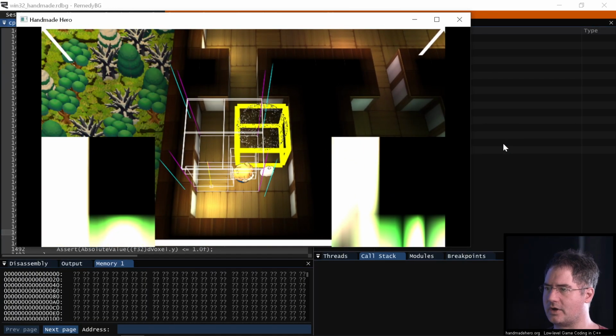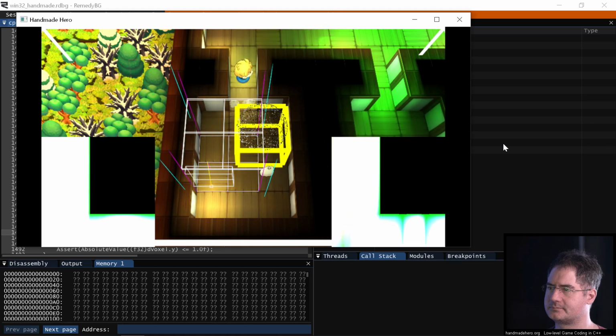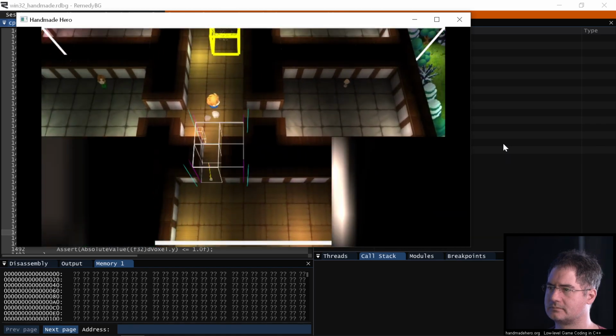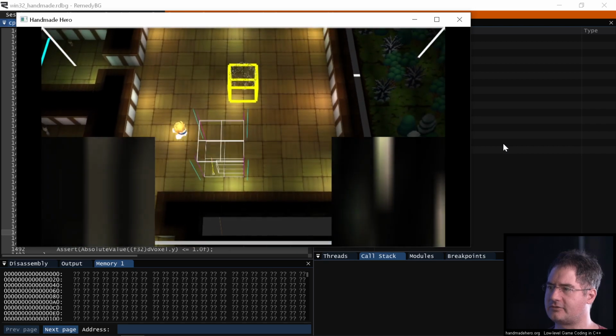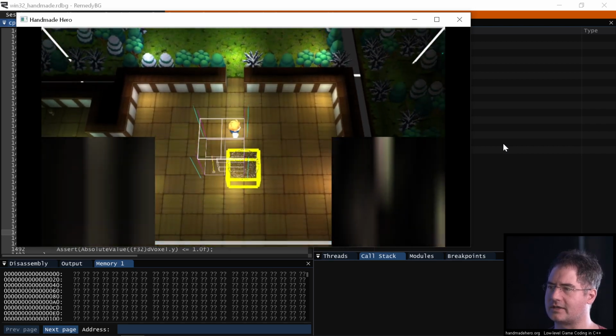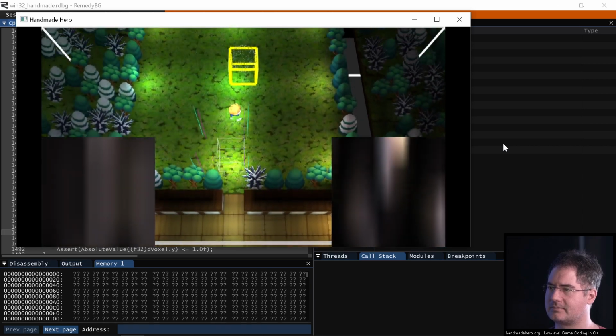It should always be one tile at a time. All right, so it's correctly only moving a single tile at a time.